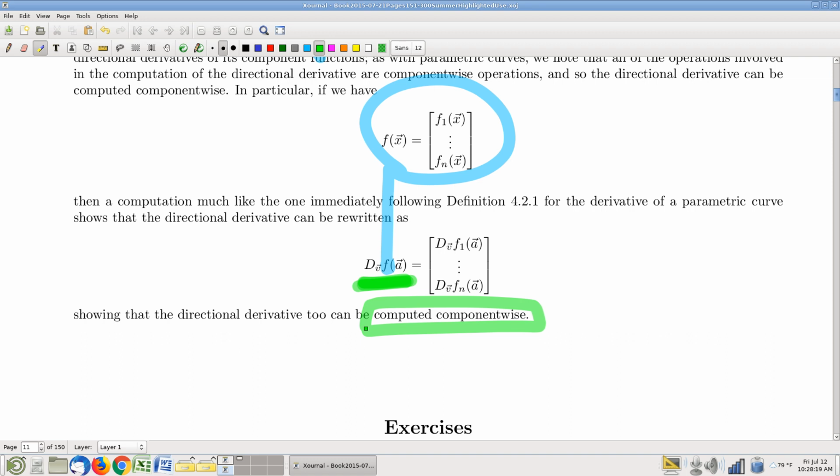Just like parametric curves. So you remember parametric curves, if you want to take a derivative of a parametric curve, you do it one component at a time. We say component-wise. Likewise, directional derivatives.